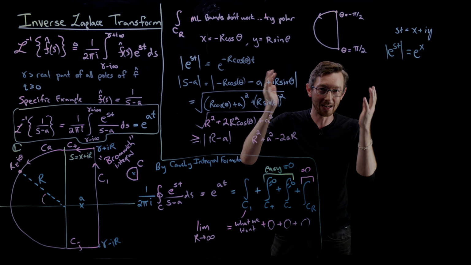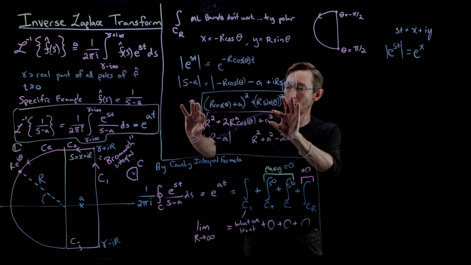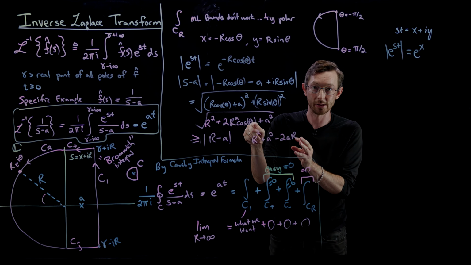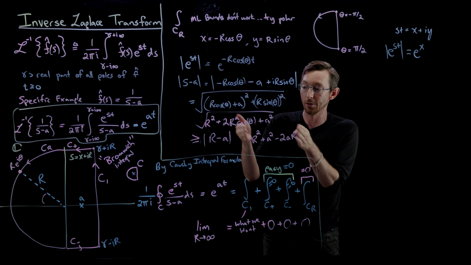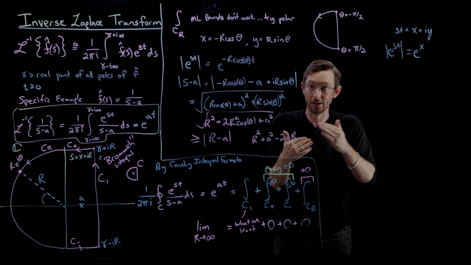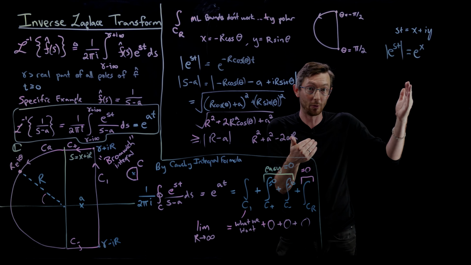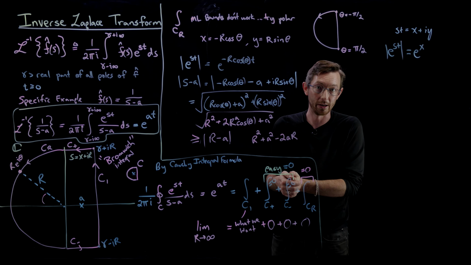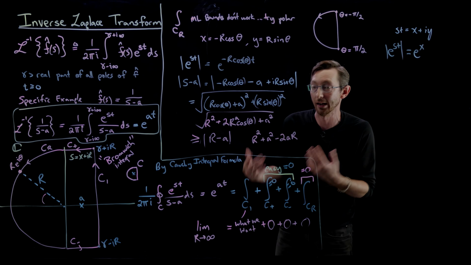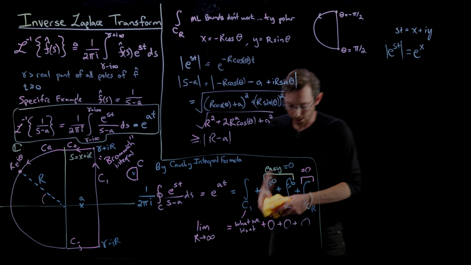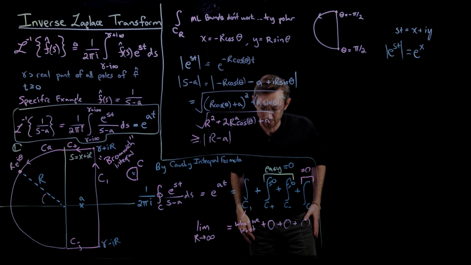So I want you to just think about why this is always bigger than or equal to this, because of the properties of cosine. So if cosine is -1, then this equals this. But if cosine is anything bigger than -1, it goes between -1 and +1, this expression is greater than this norm here. And we're going to use this property kind of like we use the ML bound. Good. Okay, so that is very useful.